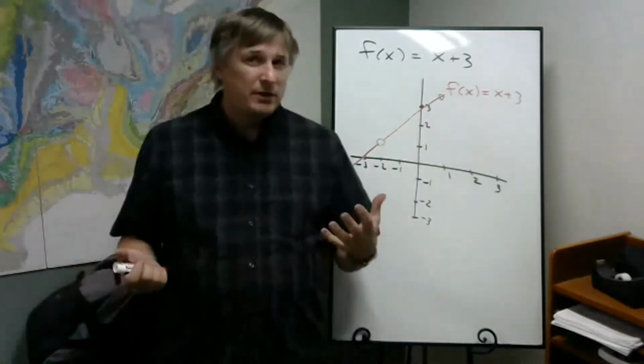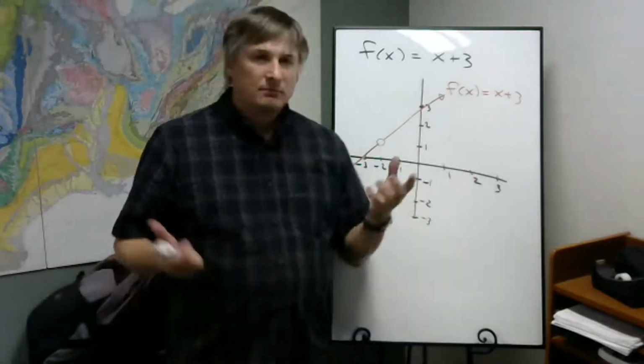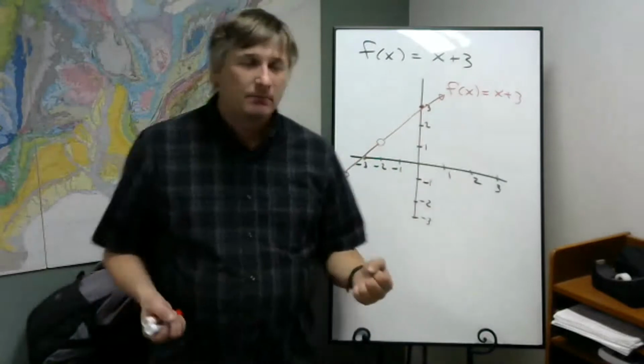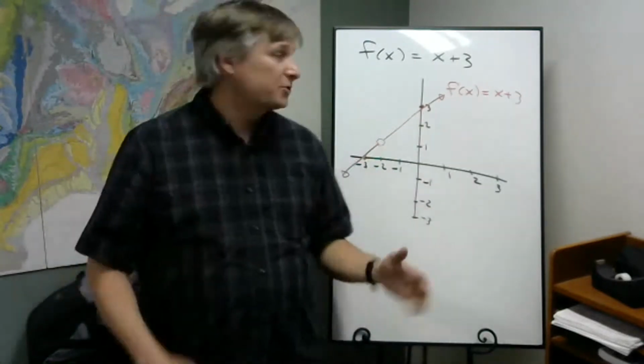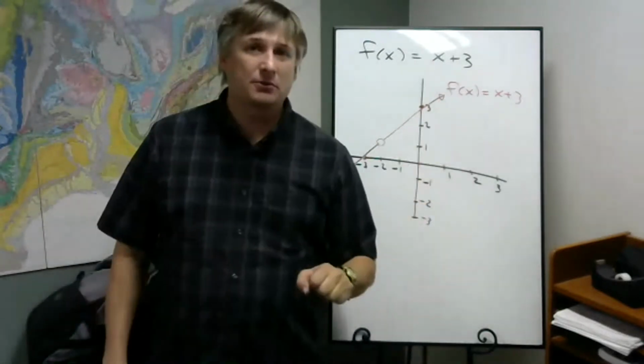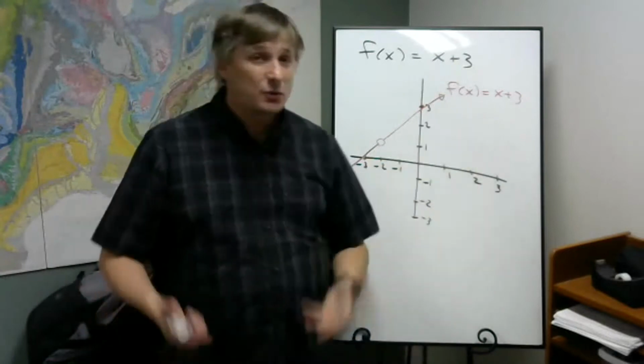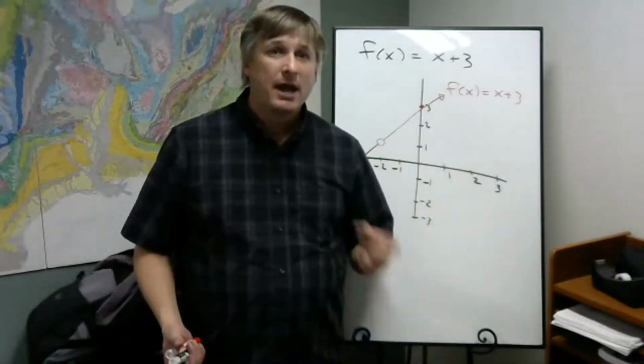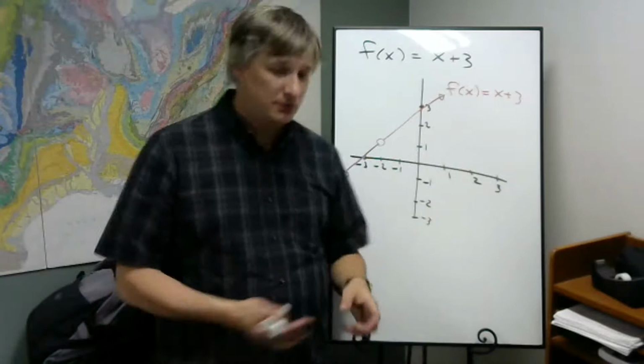So the difference between a regular line, say y equals x plus 3, and our reduced function f of x equals x plus 3, is that f of x has a restriction on its domain. X cannot equal -2.